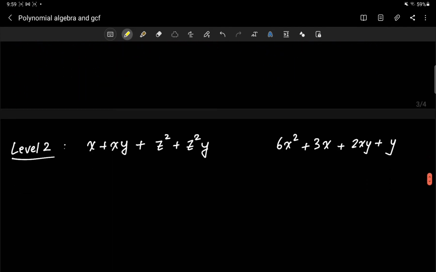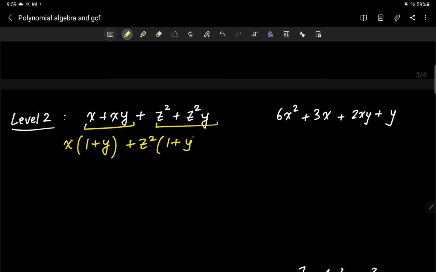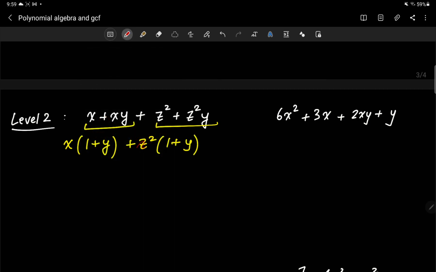Now let's go to level 2. There are 4 terms here. Okay, so I look at the first two, and what's common in them is x, right? So I go x times (1 plus y). The next two terms, what is common is z squared, and then it goes z squared times (1 plus y). But now there's still an addition in between.